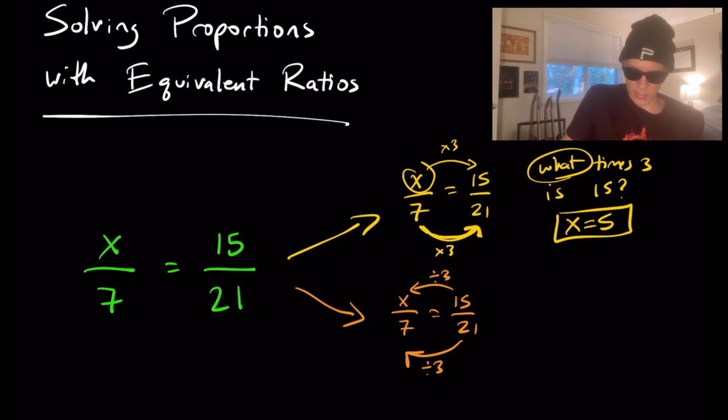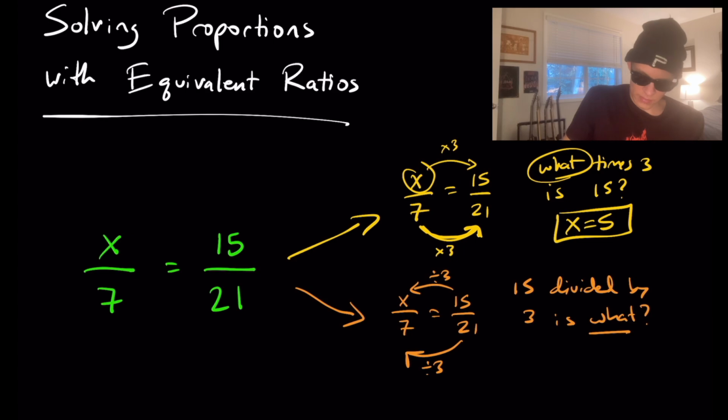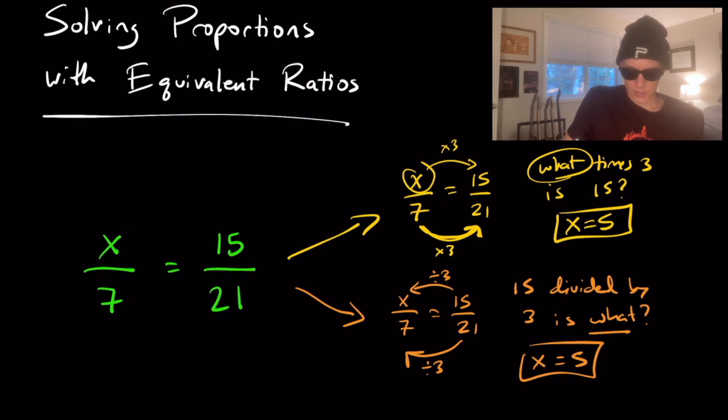So the new question is 15 divided by 3 is what? And again, this what is our x. So 15 divided by 3 is 5 again. So a couple different ways of using equivalent ratios, using either multiplication or division.